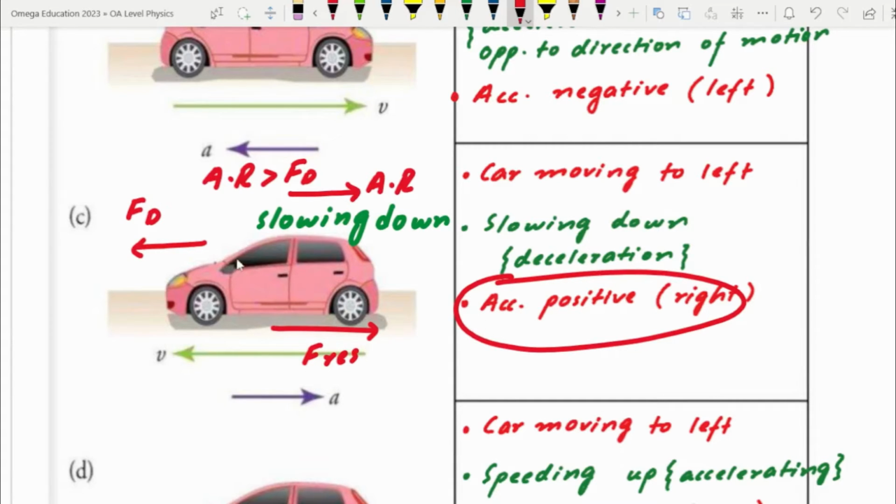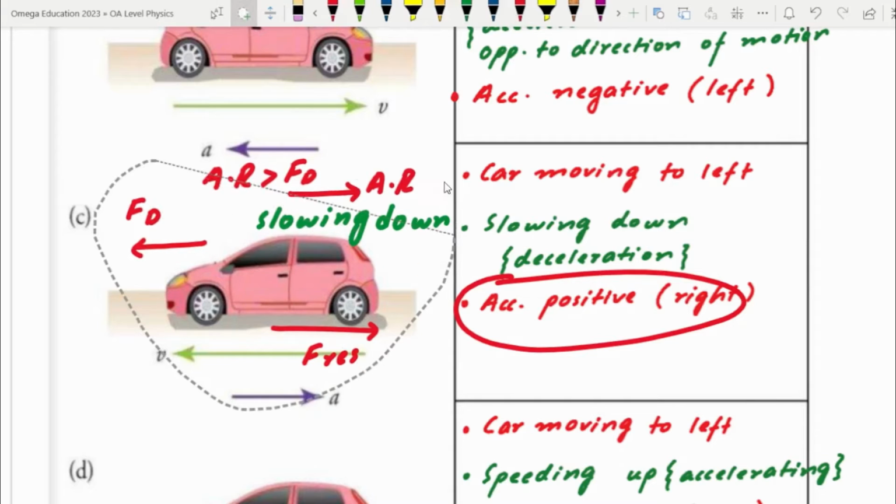But since the object was slowing down, that's why it has deceleration. So you see, we can't say that since the object is having deceleration, it is also having negative acceleration. No, acceleration is positive precisely because it's on the right side, and it is deceleration precisely because the object is slowing down.